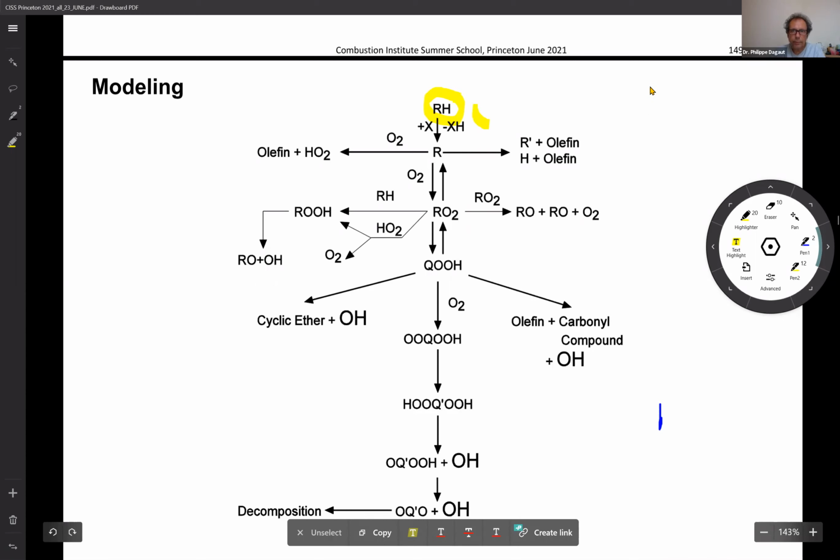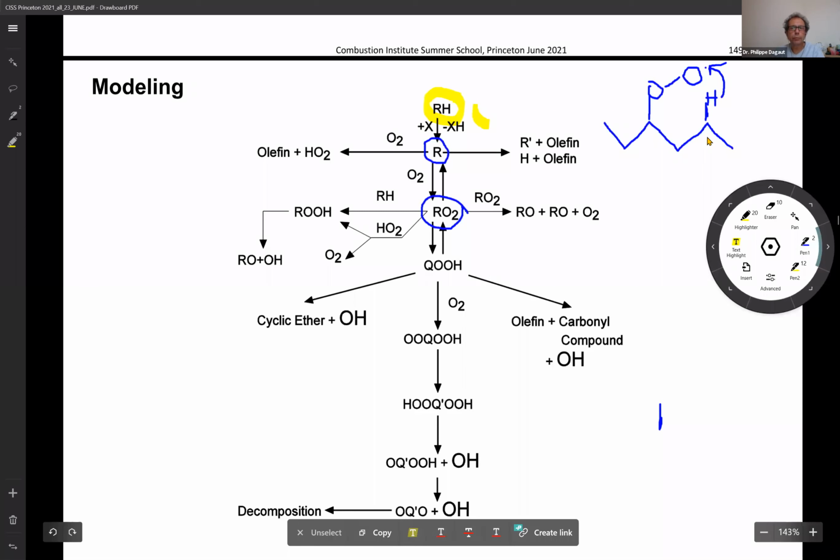So here you have one oxygen, second oxygen, and here you have an H-atom. So this H-atom can be transferred here. And this is what we get, QOH.